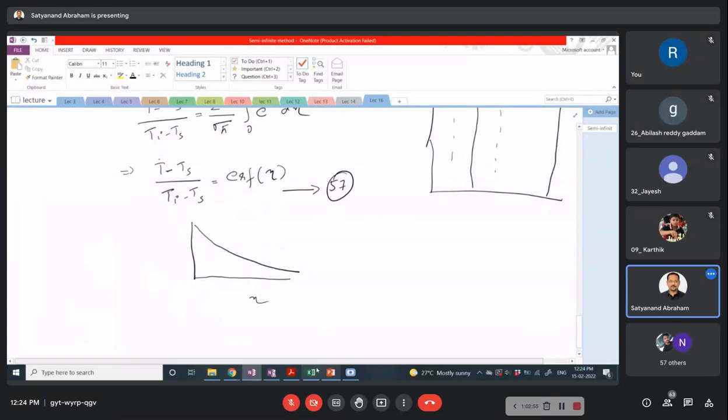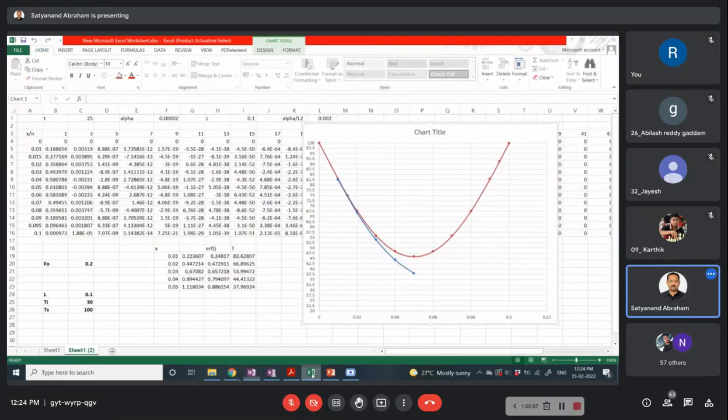You see the values. I have plotted it also.